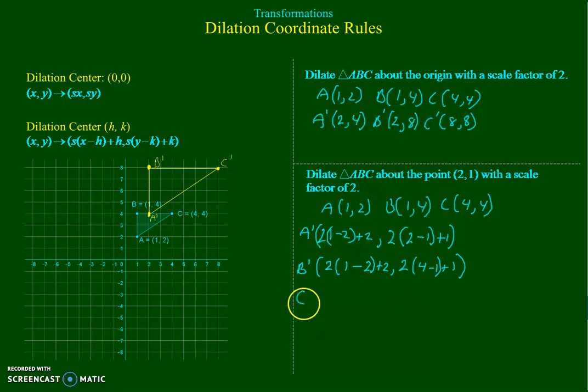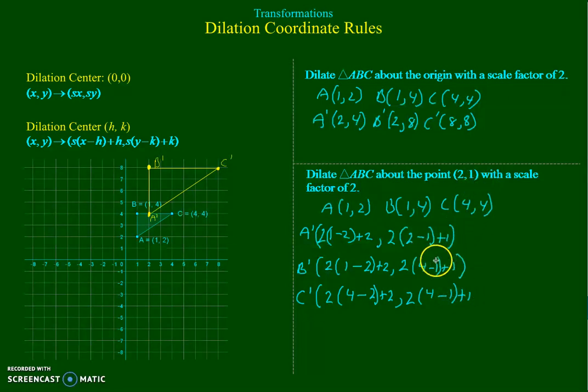Do the same thing for our C prime. So we take the x-coordinate of our point, 4, subtract off the x-coordinate of the center, multiply by the scale factor, and add it back. And the same thing that we did here. The y-coordinate minus the y-coordinate, plus the y-coordinate back.